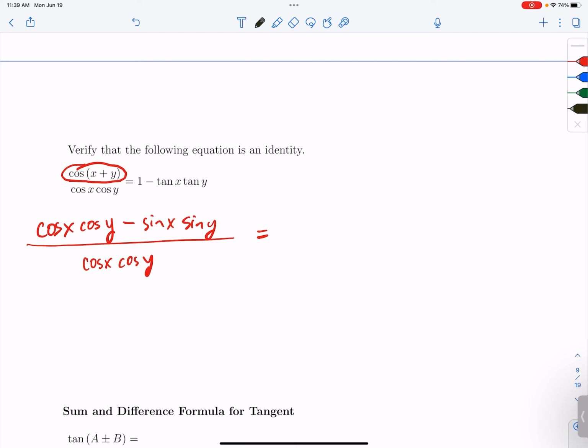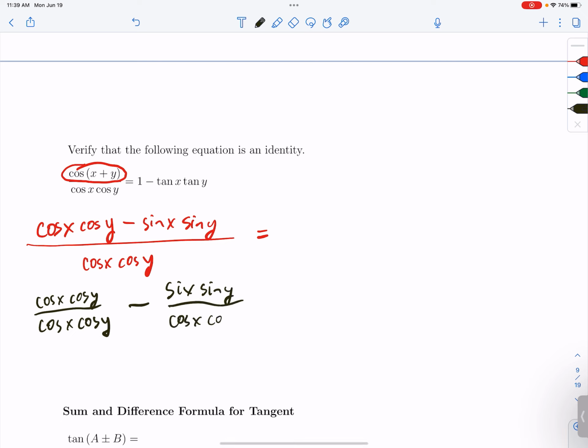So I'm going to split these two fractions, because what I notice is that first term in the numerator is the same as the denominator. So that first fraction is going to become a 1. Okay, so this is equal to 1.